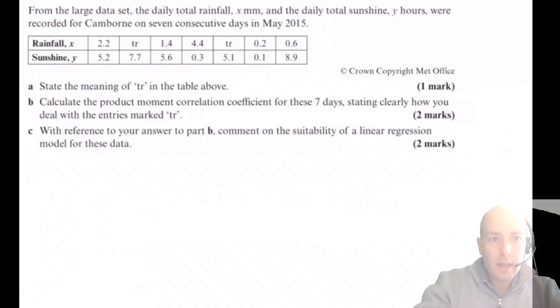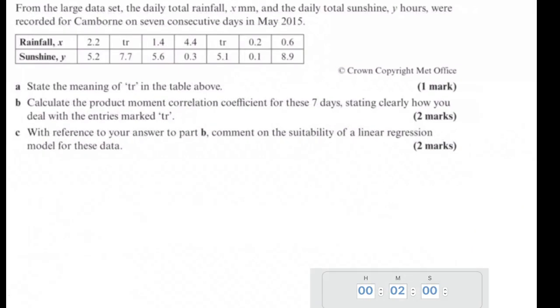So we've got the data for Camborne in May 2015. There it is. First bit, part A, state the meaning of TR. So I'm going to give you guys 1 minute to try and remember what TR actually means. So what does TR mean in the large data set?